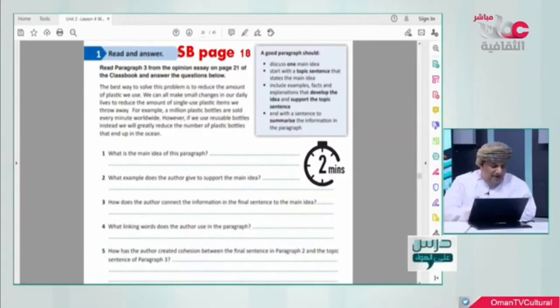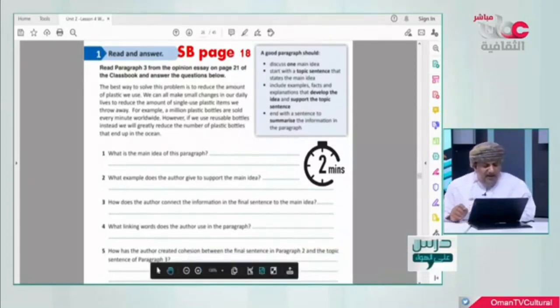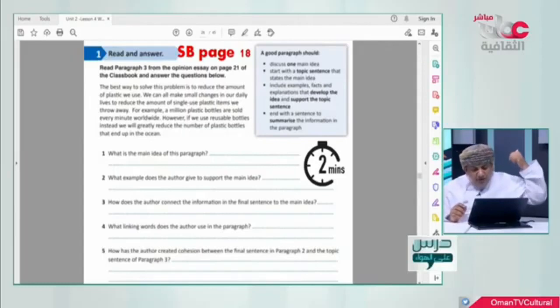Now, number 5, how has the author created cohesion between the final sentence in paragraph 2 and the topic sentence in paragraph 3? How does he make cohesion? What do we mean by cohesion? Cohesion means making something related to each other, meaning cohesive. How to make the sentence or the paragraph cohesive.